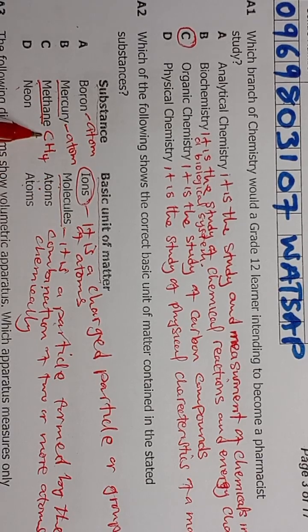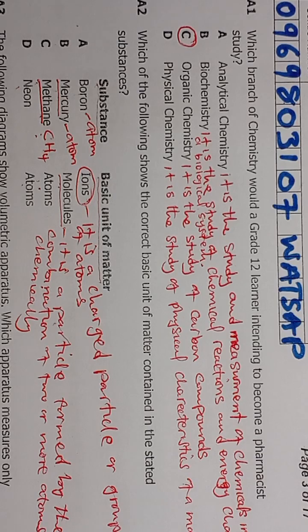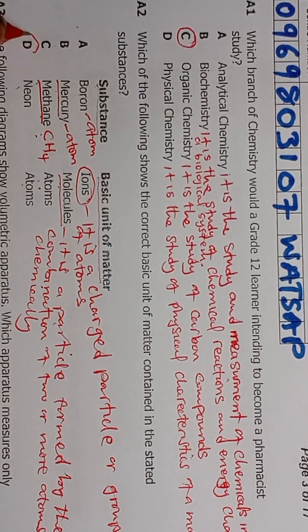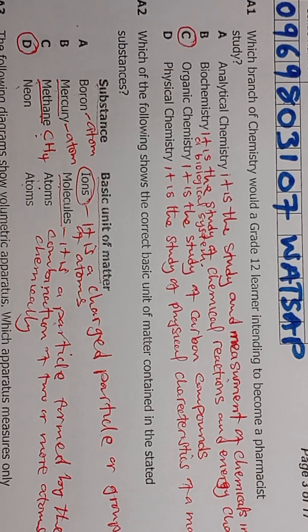Because it is made of carbon and hydrogen. Option D. So here the answer is D, neon. So neon, it is an element which is made up of atoms. So the basic unity of neon, it is atoms. So the answer is D.